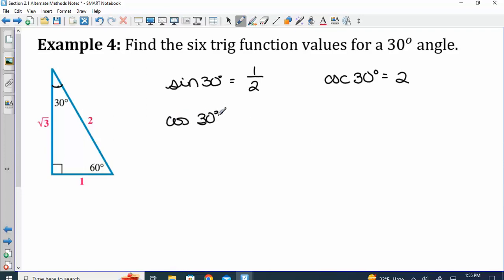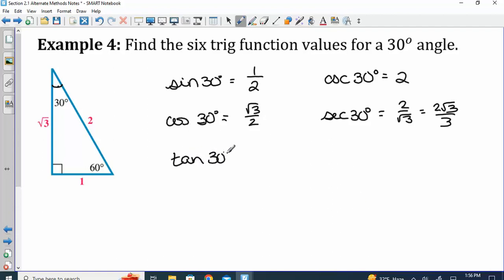Okay. Cosine of 30 degrees. Adjacent over hypotenuse. The hypotenuse is my 2, so that means the radical 3 is my adjacent. So then secant of 30 degrees, if I did my reciprocal, what do I have to do there? Can't leave a radical on the bottom, so multiply by radical 3 on top and bottom. We get 2 radical 3 over 3.